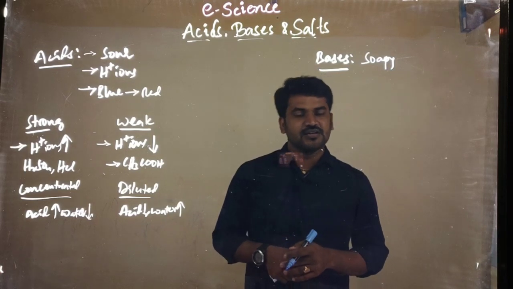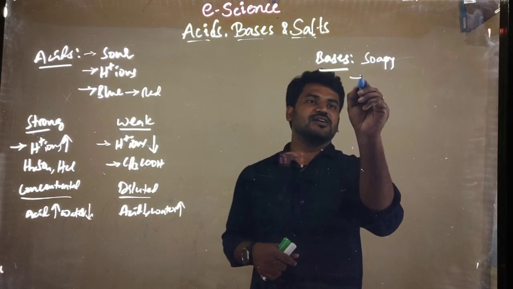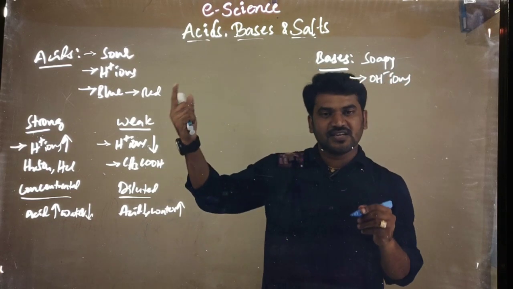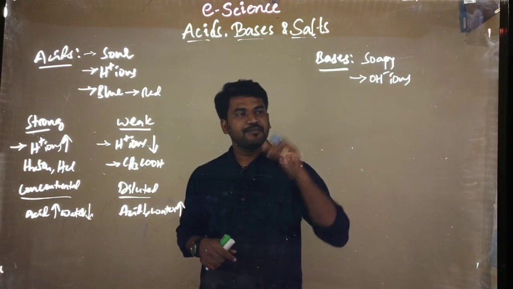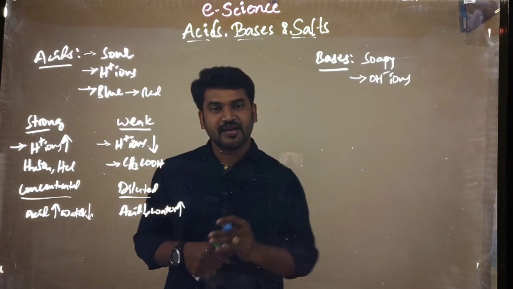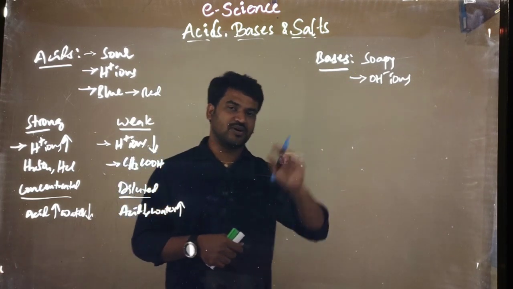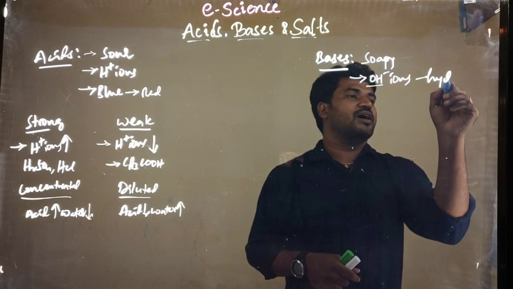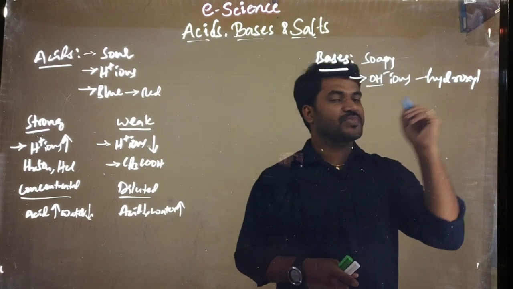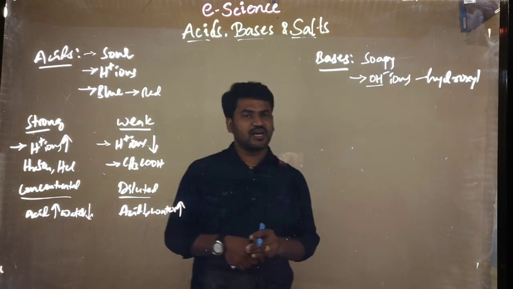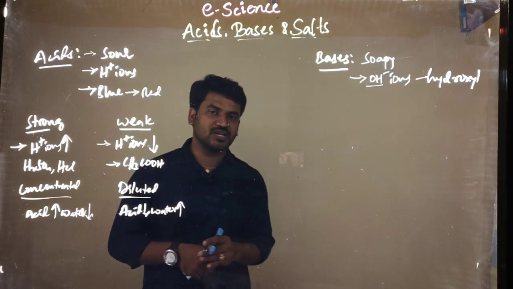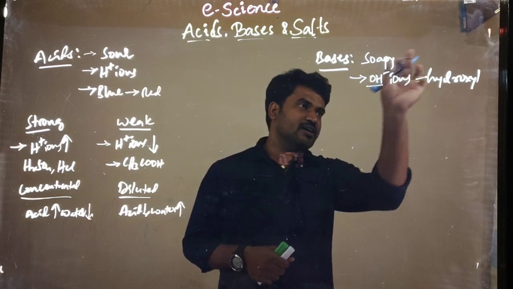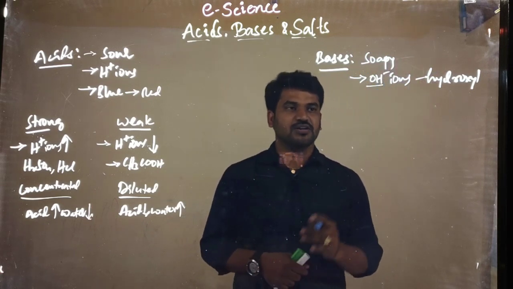Acids release H plus ions; bases release OH minus ions when they dissolve in water. That OH minus ion we call a hydroxyl ion or hydroxide ion.